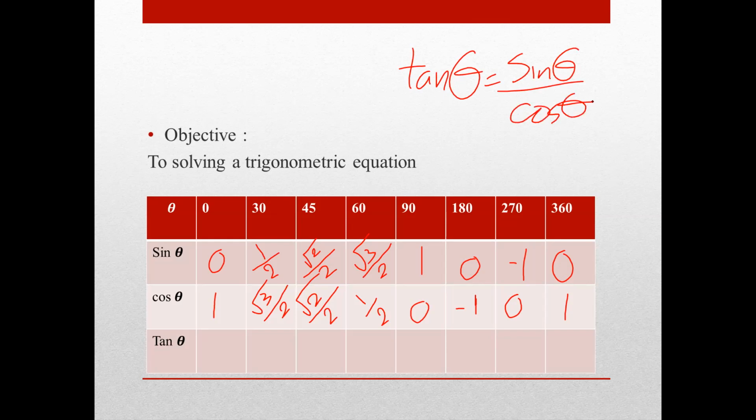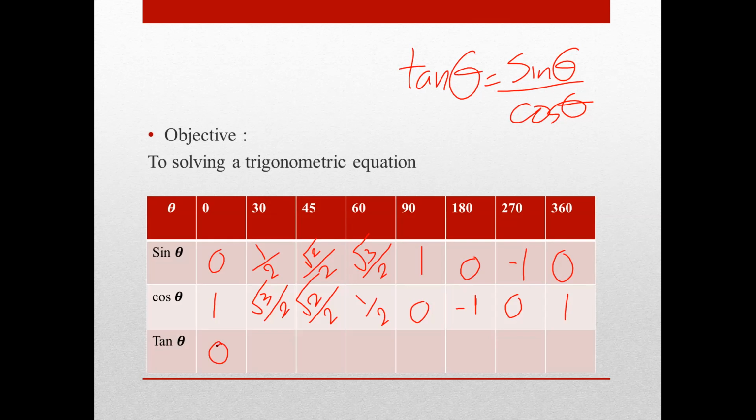So what about tan 0? It is sine 0 over cosine 0. It means 0 over 1. 0 over 1 is 0.